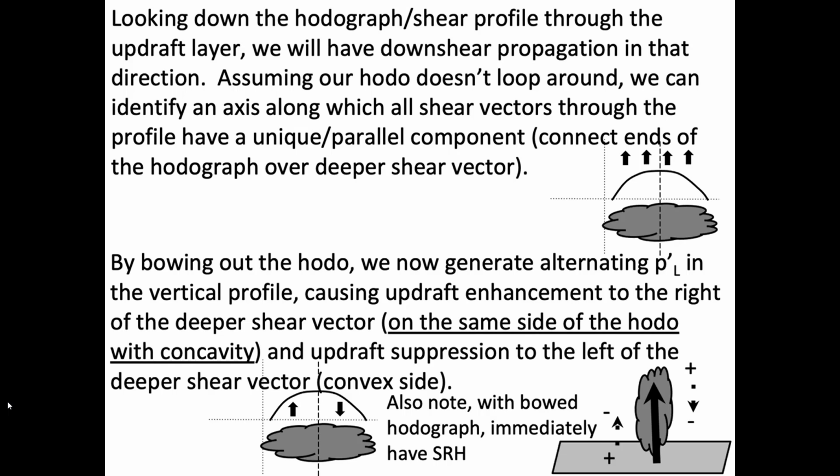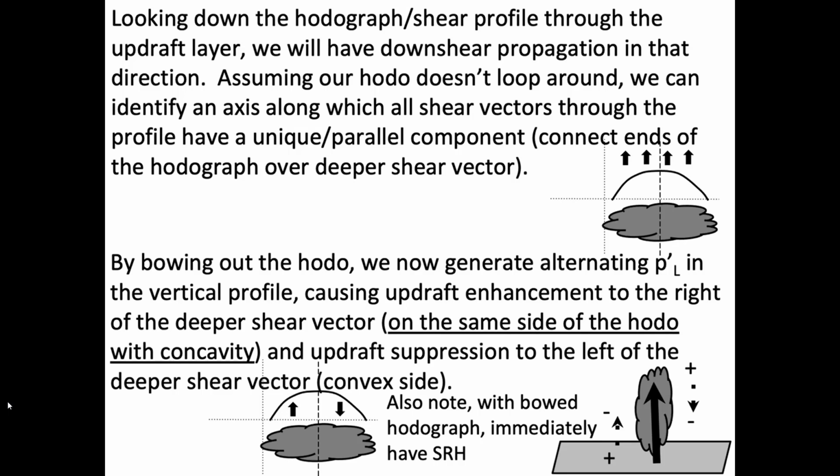So we think of our consistent deep shear vector from west to east, and we're going to have both a candidate to the right and to the left for new cells, new rotating updrafts, cyclonic to the right, anticyclonic to the left. Well, the one that's going to win, the one that's going to be dominant, is going to be the one that's on the same side of that updraft as the side of the photograph with the concavity, and the one that's suppressed is the one that corresponds to the convex side of the photograph.